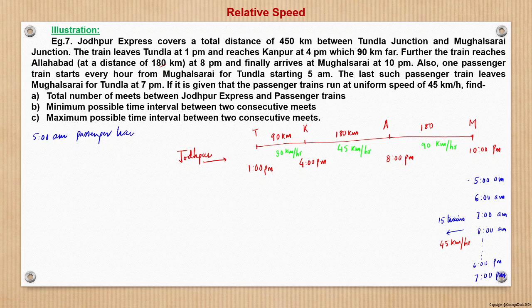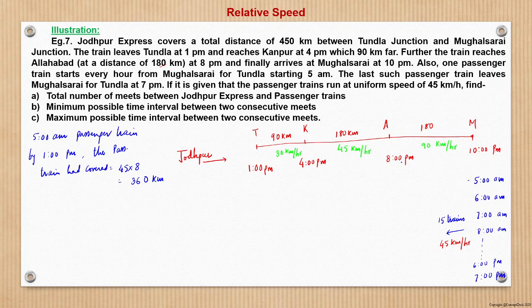By 1 p.m., when Jodhpur Express starts from Tundla, the passenger train had covered what distance? 45 into the hours from 5 to 1, that is 8 hours, 360 kilometers, right?